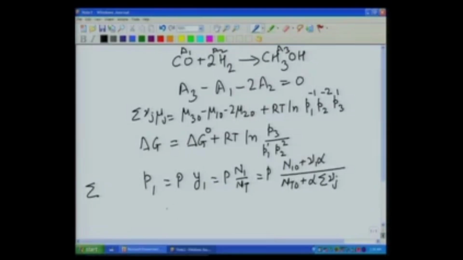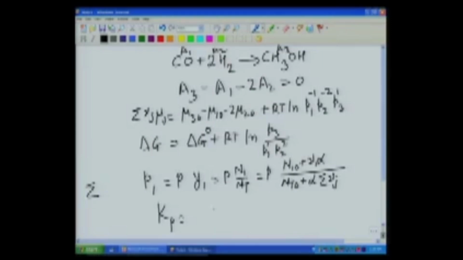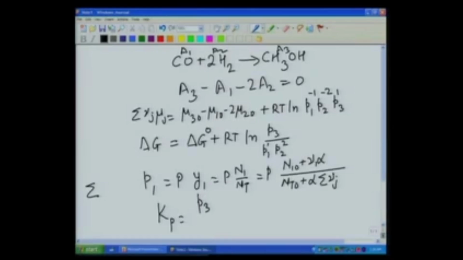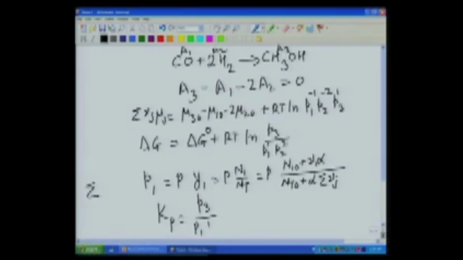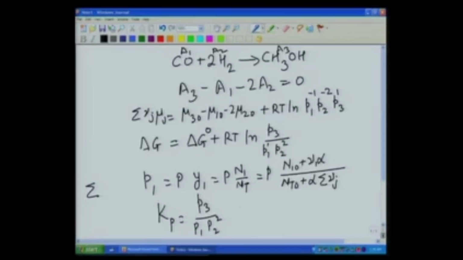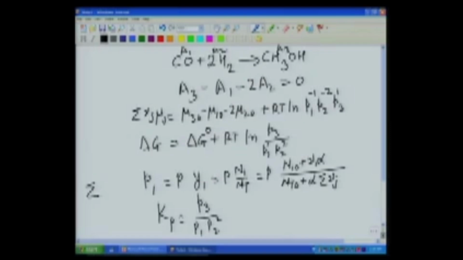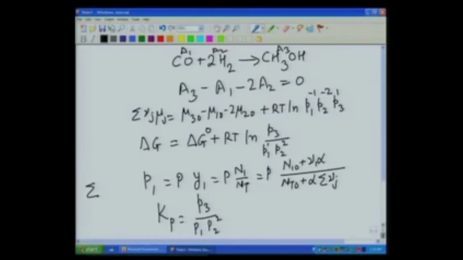Now if I put it over here, my Kp equilibrium is P3 by P1 P2 square, and each of these P3, P1, P2 will have this term alpha, and that is how Kp is related to alpha.